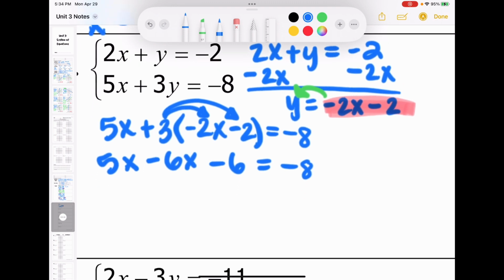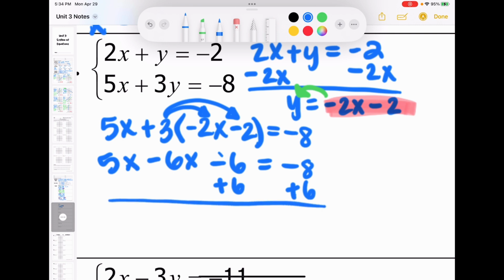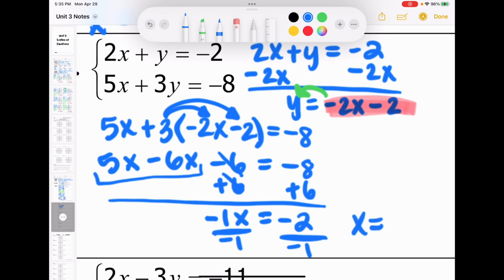So I need to move this -6 to the other side, so I'm going to add 6. So -8 plus 6 is -2. And then I can actually combine 5x and -6x, and that gives me -1x. Now I'm going to divide both sides by -1, so x is going to equal +2.